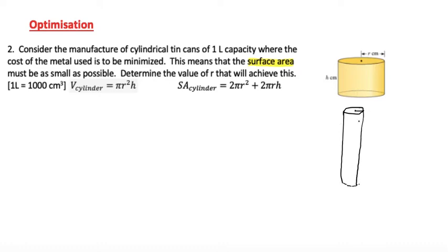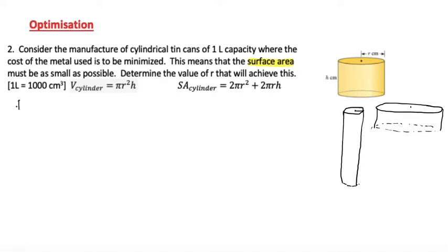Perhaps that will minimize the amount of material that you use. Or maybe it's in your interest to make the radius as large as possible, and then fill that liter up with a smaller height. So there are different containers you can create that contain a liter but use different amounts of surface area.